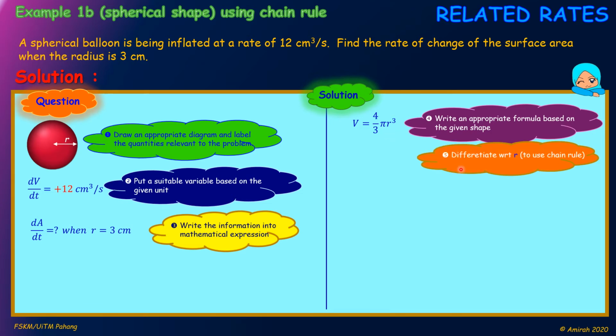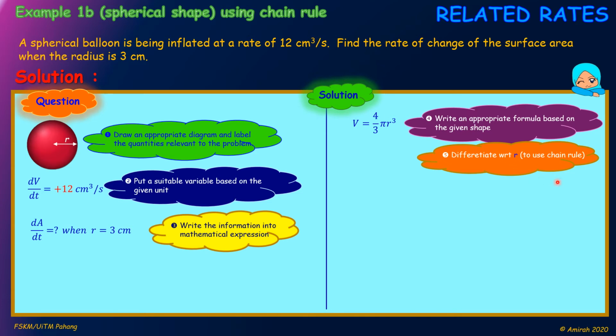In step 5, we can use either implicit differentiation or the chain rule. We have already discussed implicit differentiation, so now we discuss how to use the chain rule to solve this example. With implicit differentiation, we differentiate with respect to t, time.